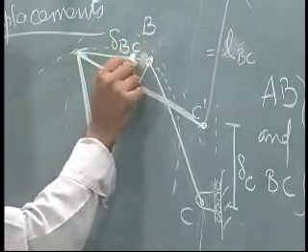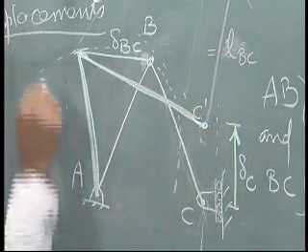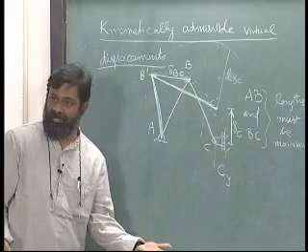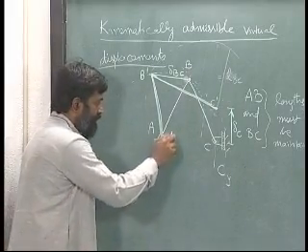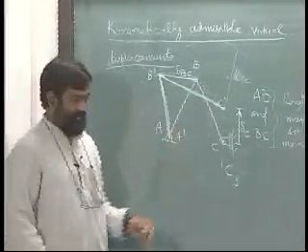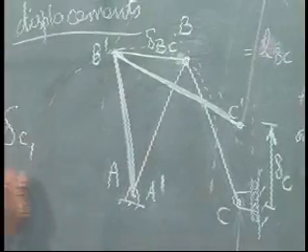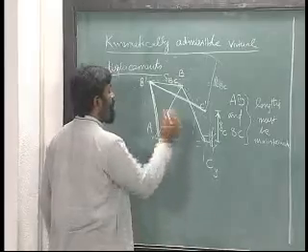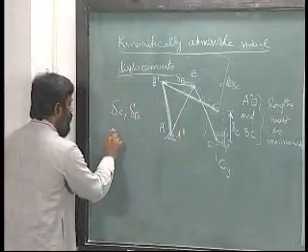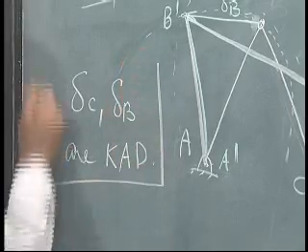So, let me just use the direction also. From C it has gone to C prime, this is B prime. How about A? A is a pinned support, so it remains here A prime. Is this clear? If I do this, what I get as delta C, and this should be delta B, I am sorry, and delta B are kinematically admissible displacements.